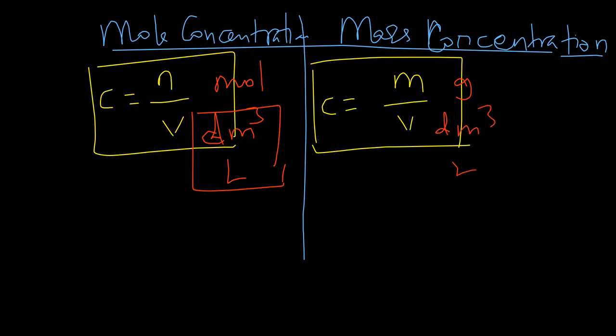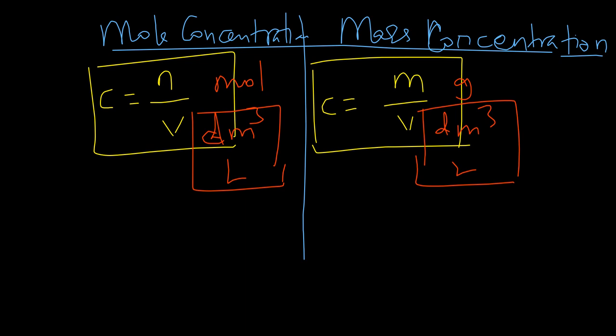If it is not in any of these units, what it means is that you would have to do your conversion from whatever unit is given to you, either dm cube or liters. Dm cube is equivalent to liters. So you can use any of them. I'll show you how you can do this conversion very soon before we start looking at the examples.